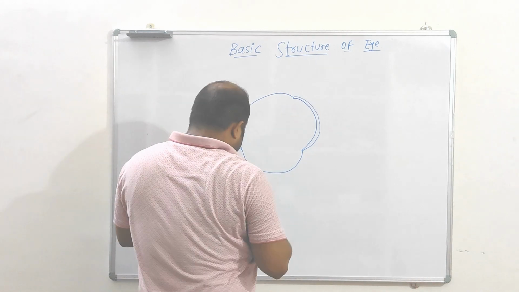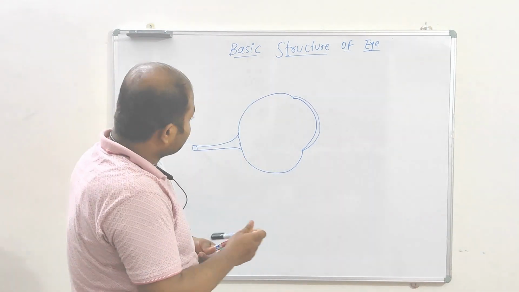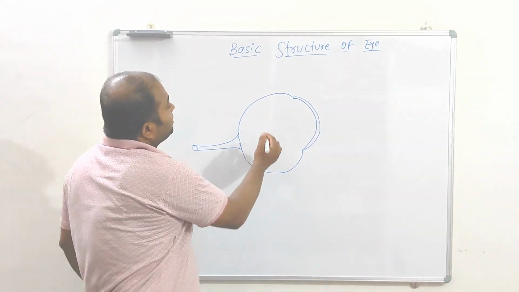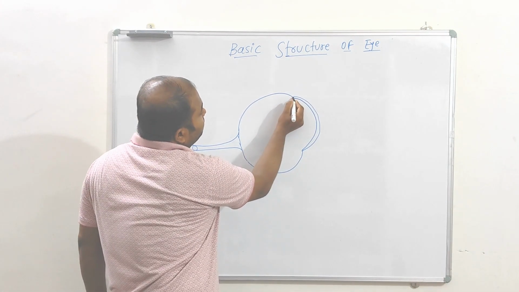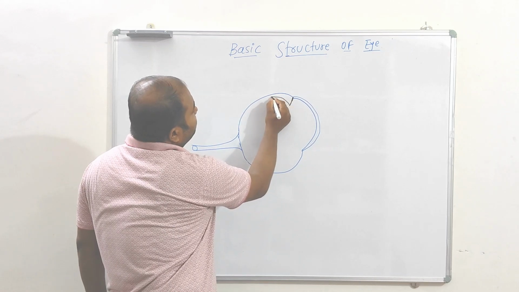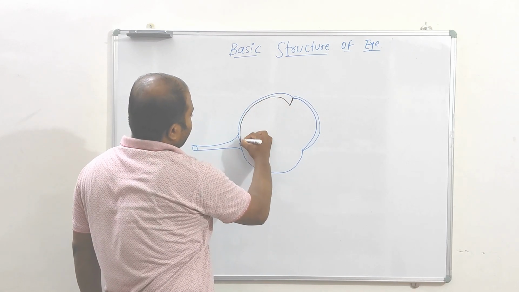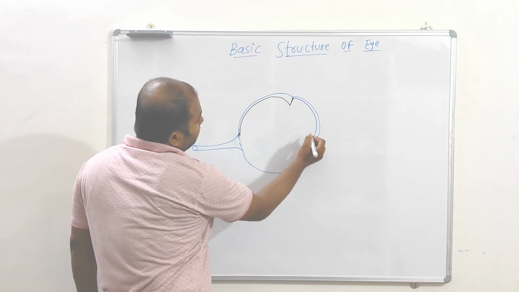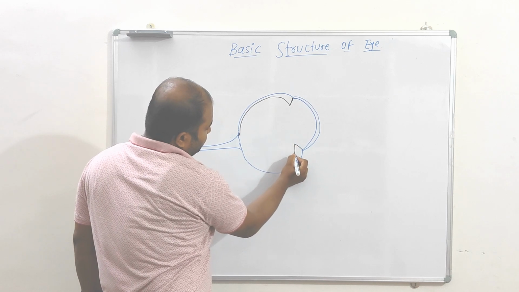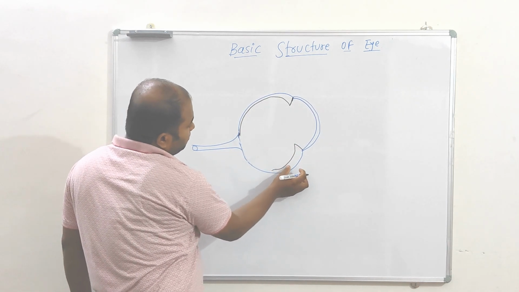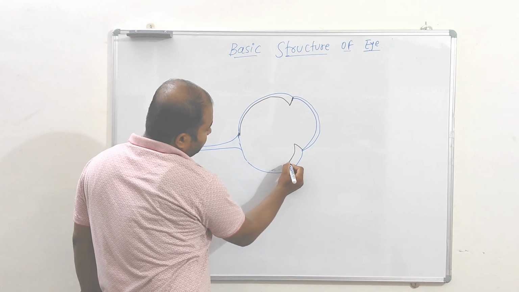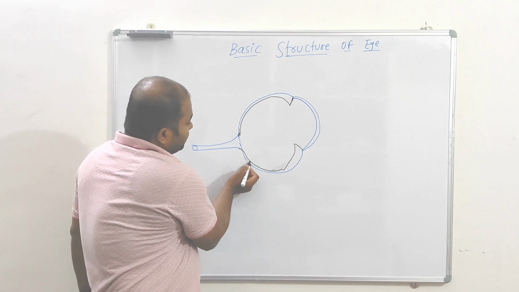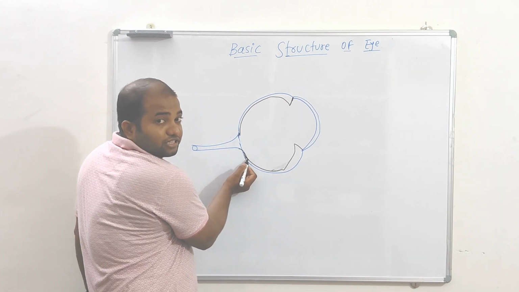Now the second thing we have to see is the next coat after the outer coat, the middle coat. Let me draw it first.